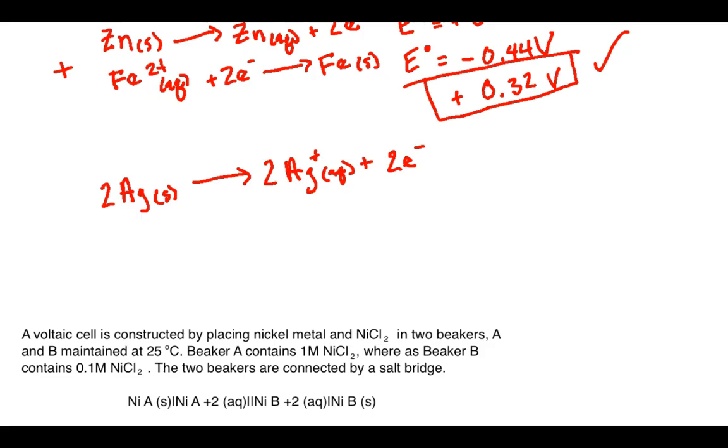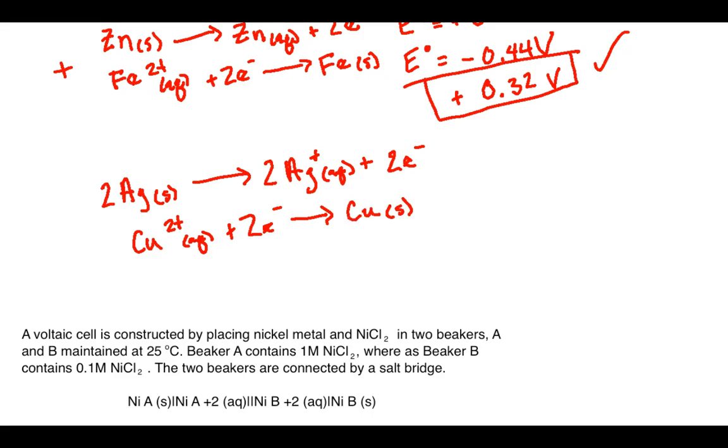So I have to do that 2 times over because the copper is copper 2+. So I need 2 electrons in order to work with this. Then I have copper 2+, aqueous, plus the 2 electrons is going to go to copper solid.